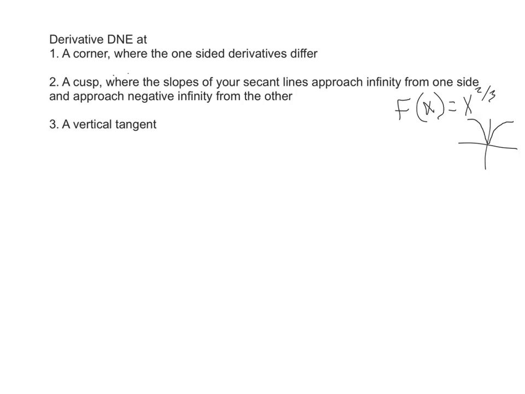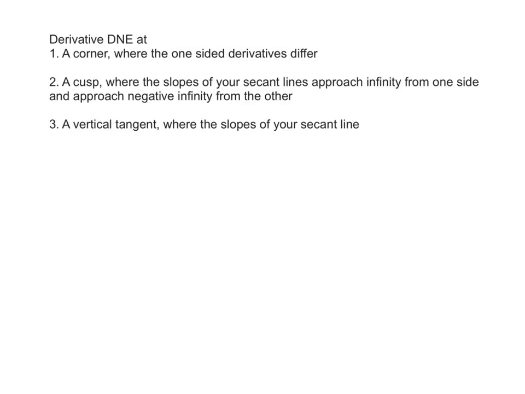This is where the slopes of your secant lines approach either infinity or a negative infinity from both sides.